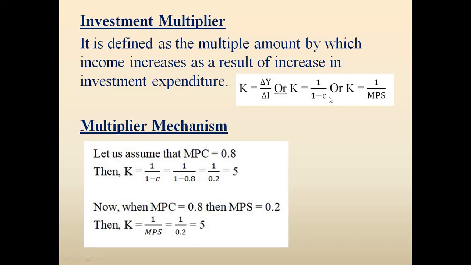By 1 minus c, we refer to 1 minus MPC, where c is your MPC, that is the marginal propensity to consume. The other formula can also be 1 by MPS. Depending upon the data provided in the question, you have to apply the formula accordingly.